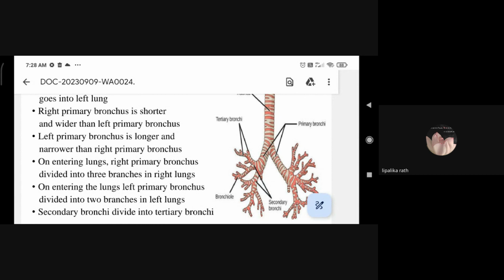That is why the right primary bronchus divides into 3 branches, and the left primary bronchus into 2 branches.